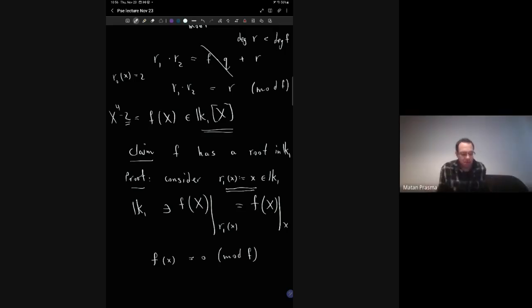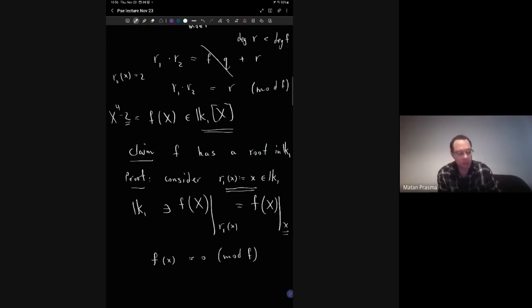Okay. It's not just a technical issue, it's kind of a meta trick. Since I can substitute any polynomial of degree smaller than the degree of f, I substitute this degree 1 polynomial x.